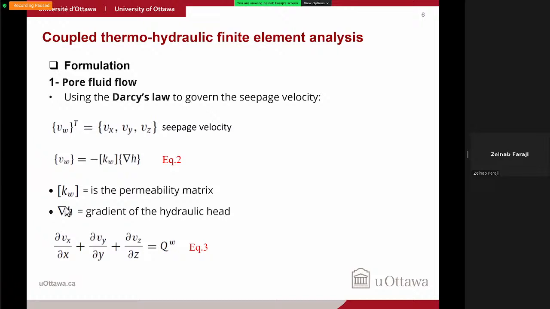First, to govern the seepage velocity in a coupled thermohydraulic problem, regardless of the effect of the temperature gradient on pore fluid flow in a completely saturated soil, and by assuming that the soil skeleton is rigid and non-condensable, the steady state seepage equation can be written as equation number 3.